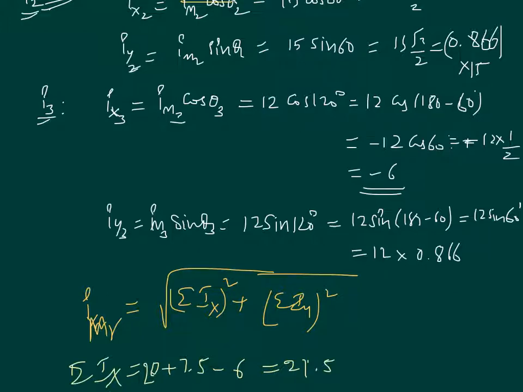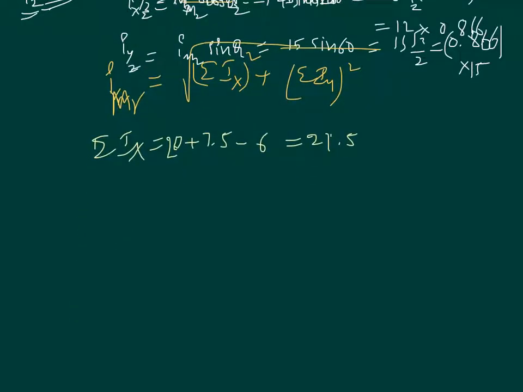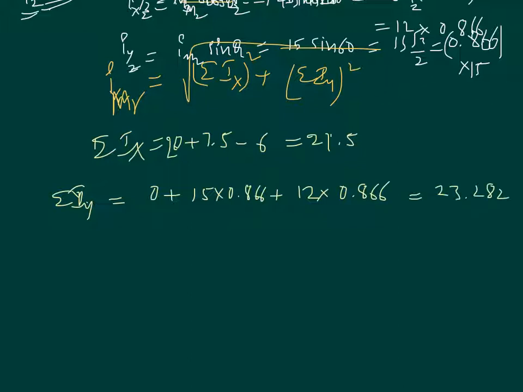Similarly, sum of y component currents Iy equal to 0 plus 15 into 0.866 plus 12 into 0.866, that equal to 23.282.